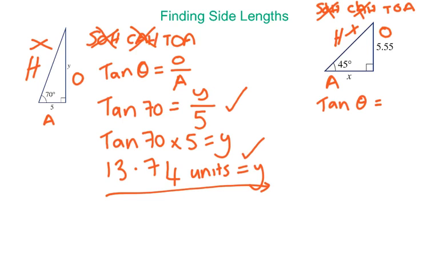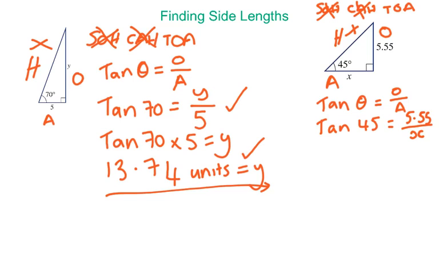Tan theta is equal to opposite over adjacent. I fill in the information to replace the letters. My opposite is 5.55 and my adjacent side is now my x.